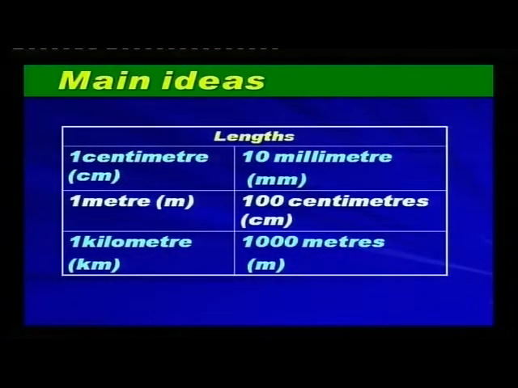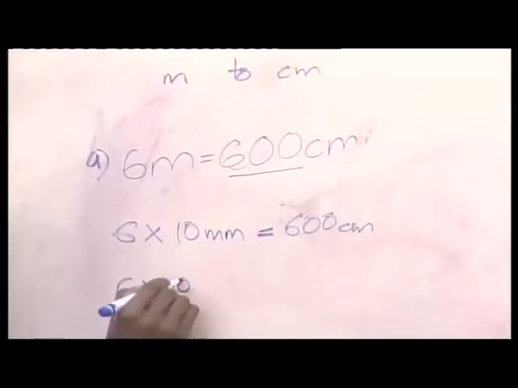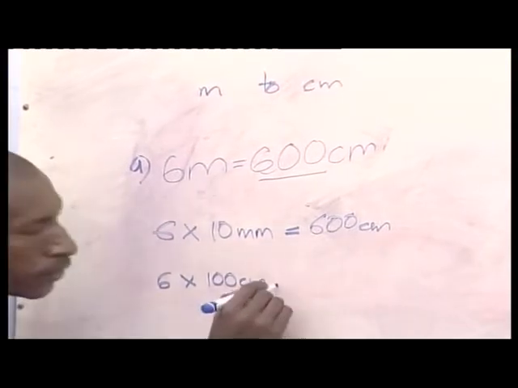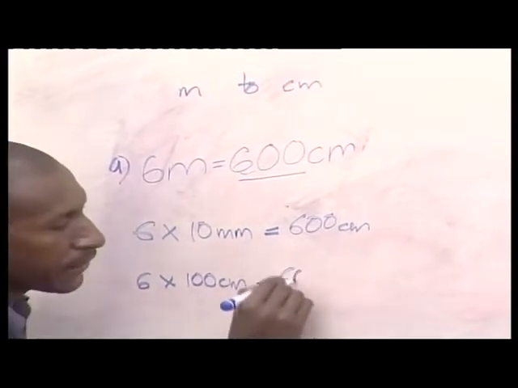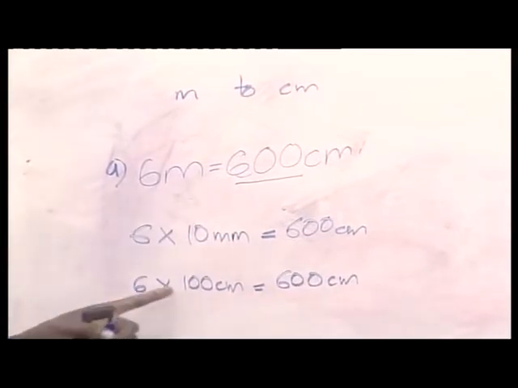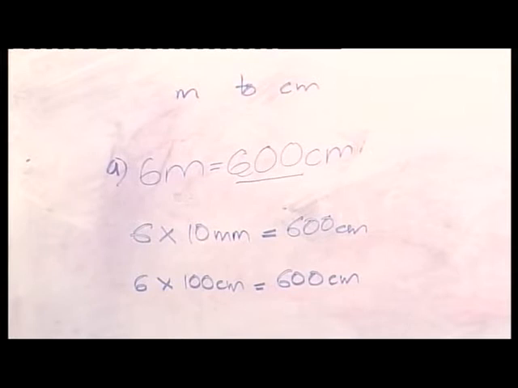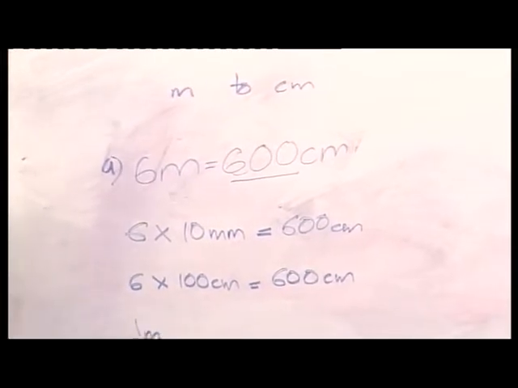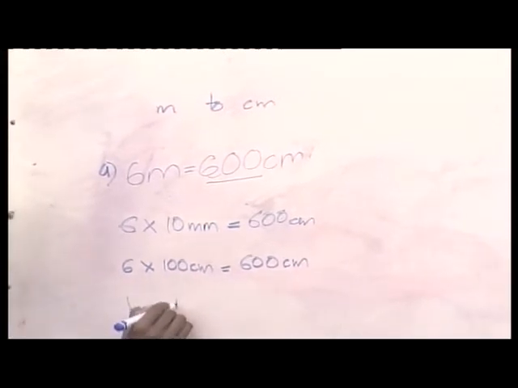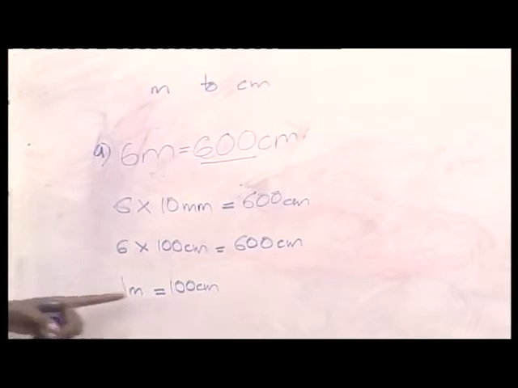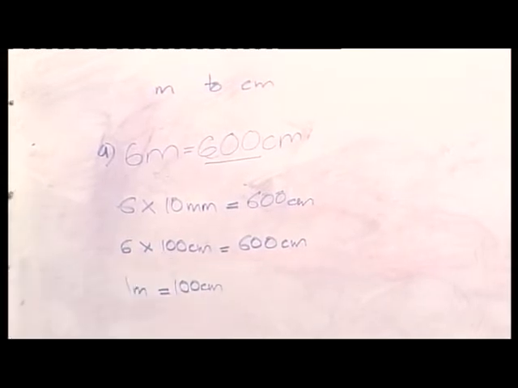Mary Liz, 6 times 100 centimeter, which is equals to 600 centimeter. Why are we multiplying by 100 centimeter? Because 1 meter is equals to 100 centimeter. That's why we have to multiply by 100 centimeter.